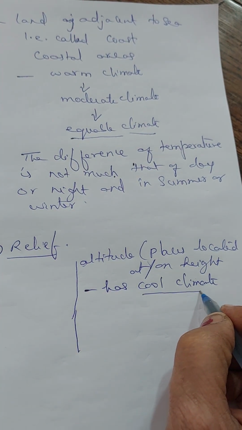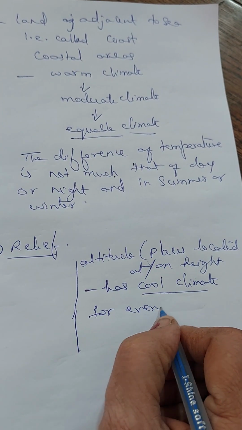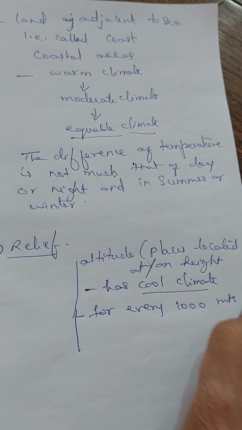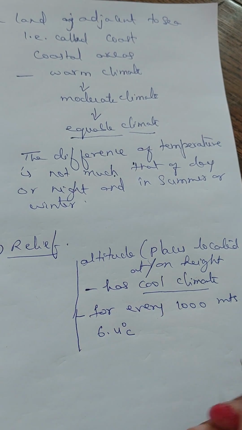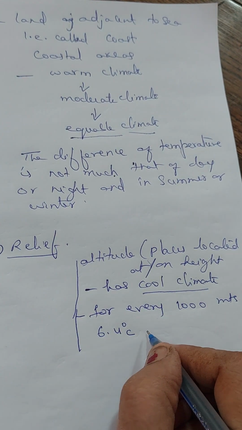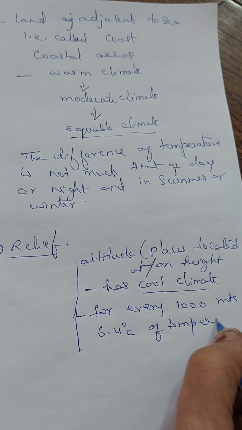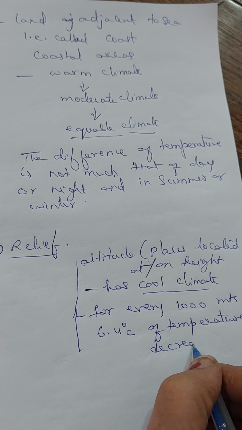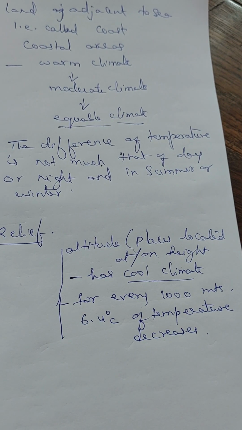Why? Because for every 1000 meters, 6.4 or 6.5 degrees centigrade of temperature decreases. That is why at altitude high temperature will not be there, more heat will not be there.